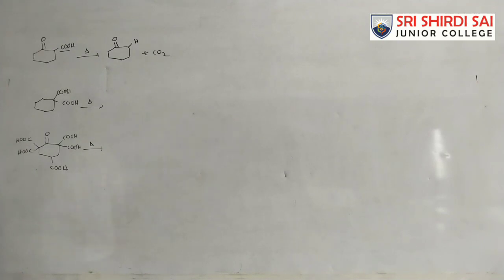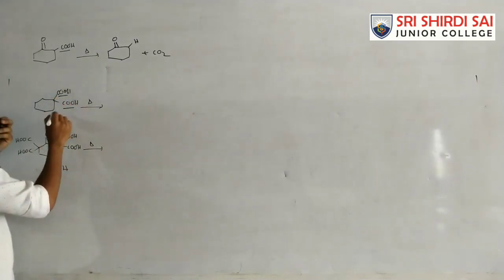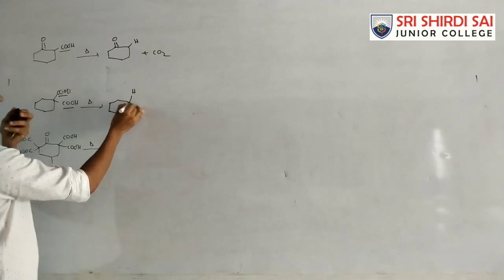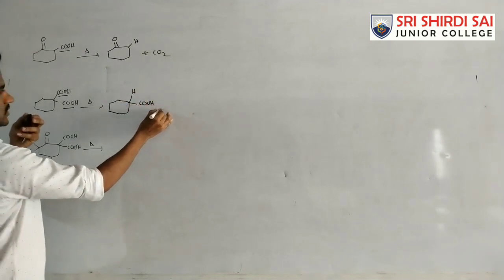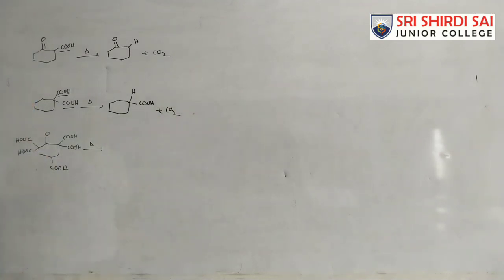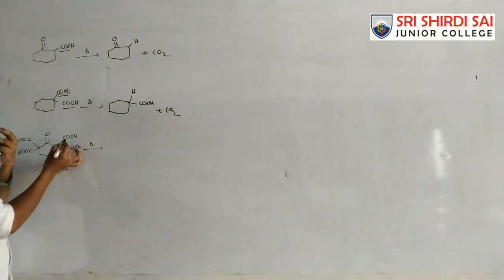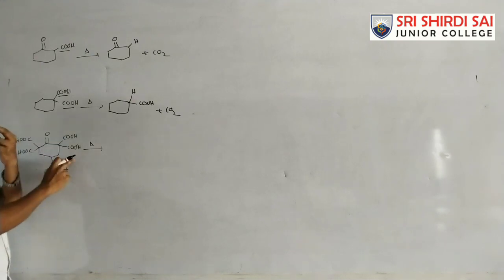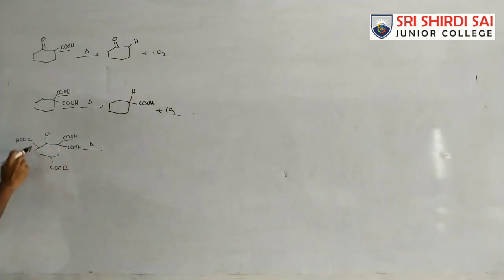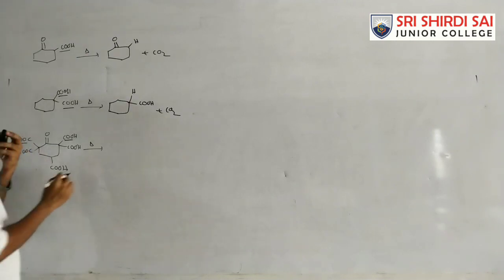And next, here a 1,1-dicarboxylic acid, so one CO2 molecule is removed, giving HCOOH plus CO2. Next one, here in this case, many times decarboxylation takes place. This is a 1,1-dicarboxylic acid, so removal of CO2. Here also a 1,1-dicarboxylic acid, removal of CO2.